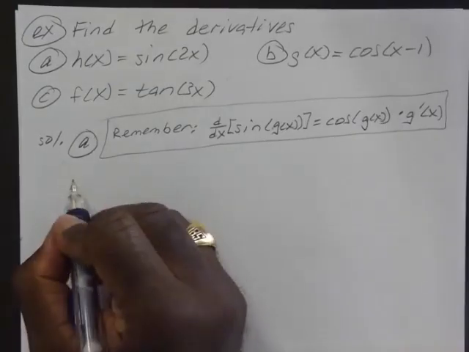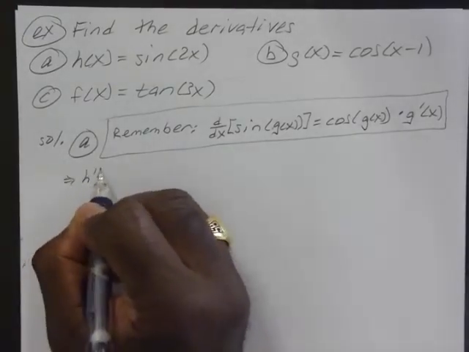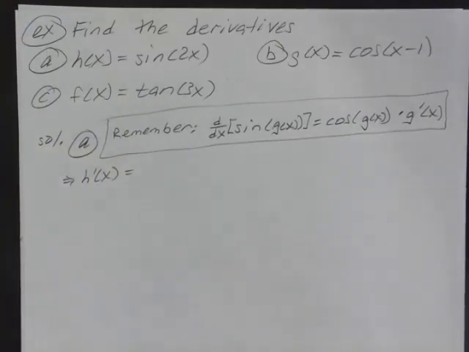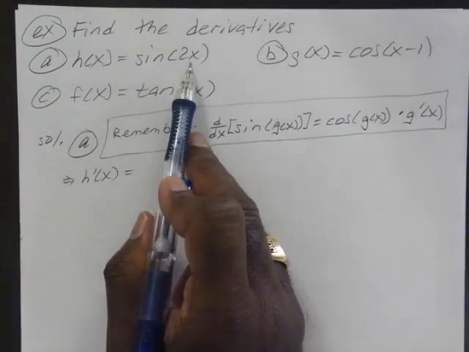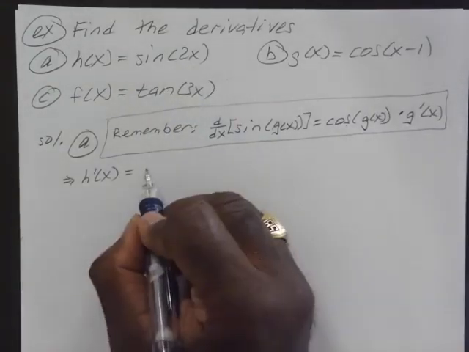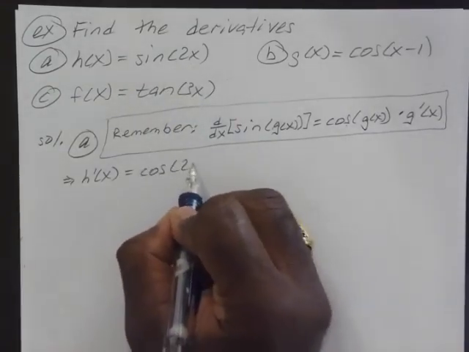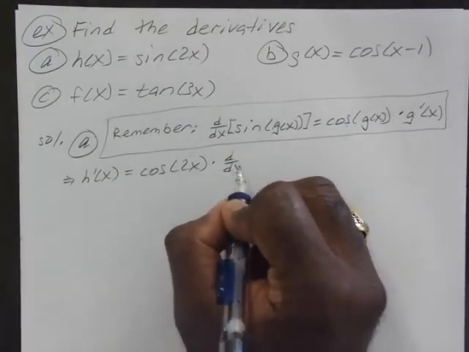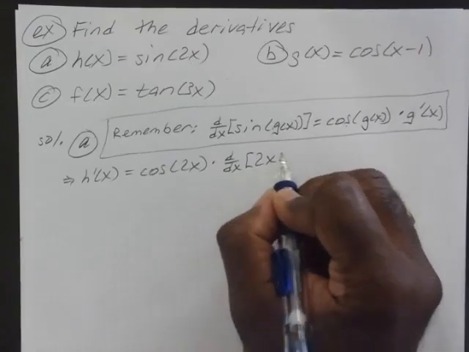All right, so for A, we know that our derivative is going to equal the derivative of sine, which is cosine. So it's going to be cosine of 2x times the derivative of 2x.